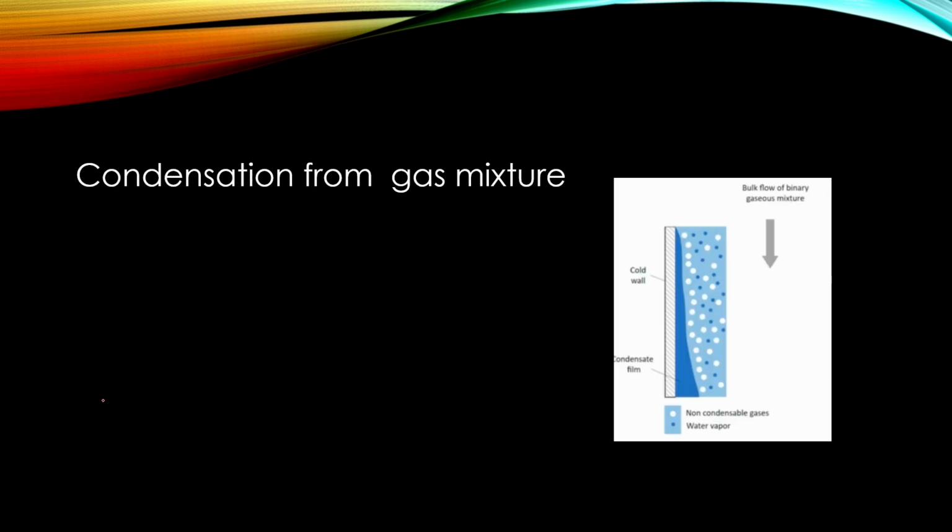Here we have an example in which we have condensation from a gas mixture. So far we have been modeling cases in which we have only water vapor in air. Now I added also ammonia and CO2. Let's have a look at how we calculate that kind of cases.